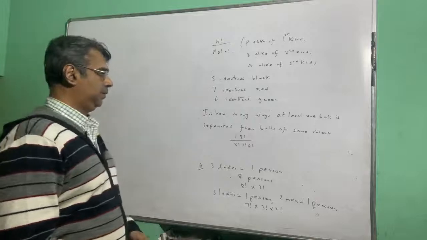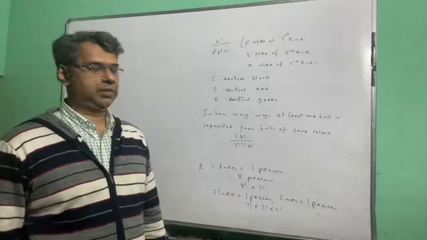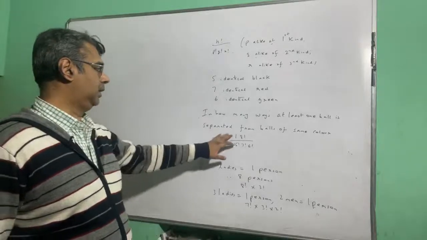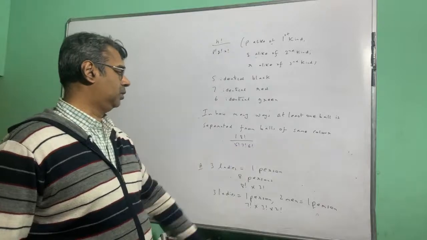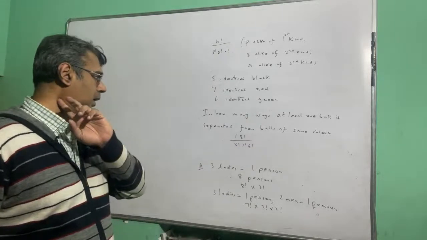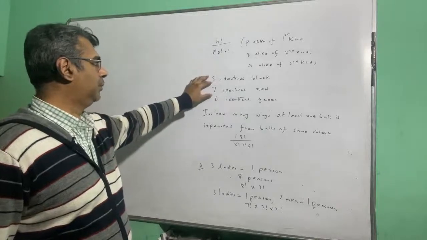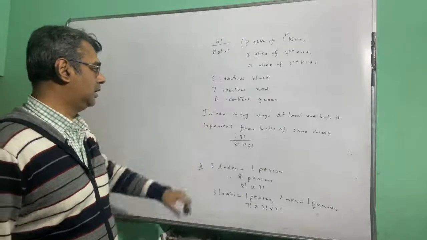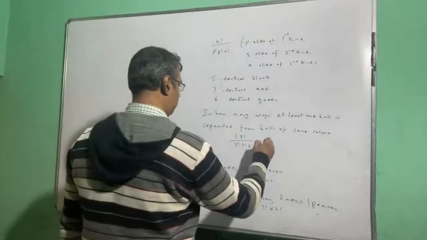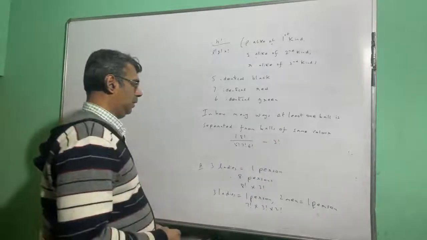Now if you don't have any particular restriction, then it will be 18 factorial by 5 factorial into 7 factorial into 6 factorial. Now suppose you say that all the blacks are together, all the reds are together, all the greens are together, then it will be 3 factorial.